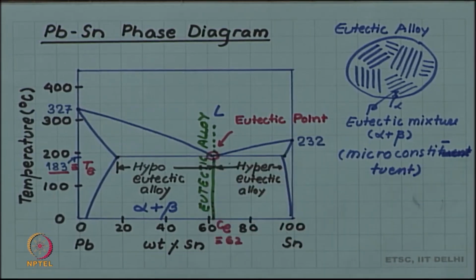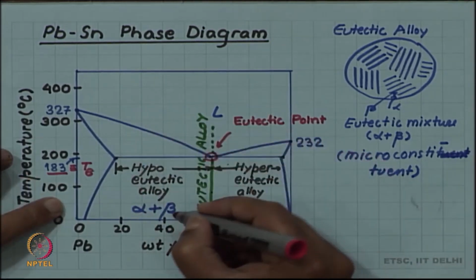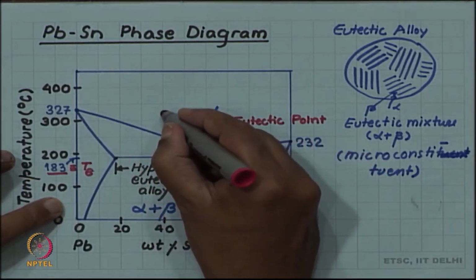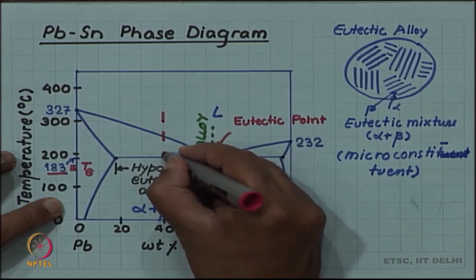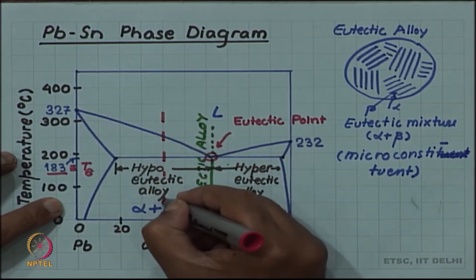Now, the question is how the microstructure evolves for, let us say, a hypoeutectic alloy or a hypereutectic alloy. You can quickly see if I take a hypoeutectic alloy. So, let us take a 40% alloy as an example of a hypoeutectic alloy.